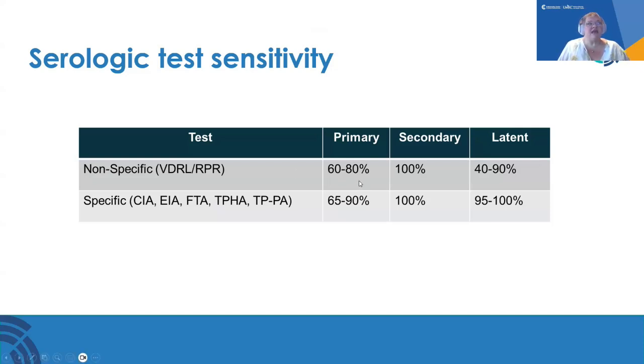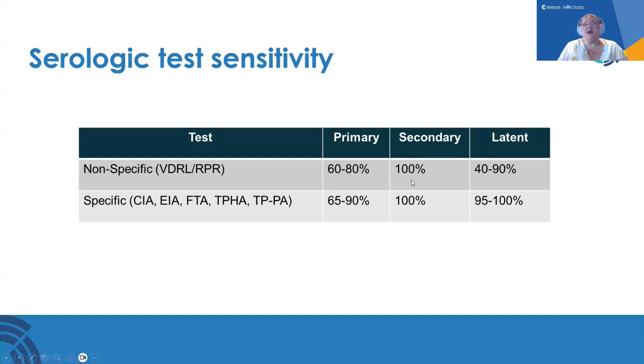In 60 to 80% of cases with a primary syphilis sore, the VDRL and RPR is going to be positive. But in 20 to 40% of the cases, it may still be negative because it hasn't had a chance to trigger yet. It might be in that early window period.